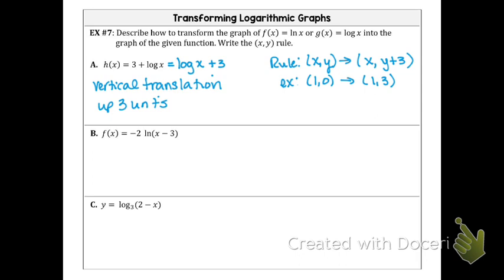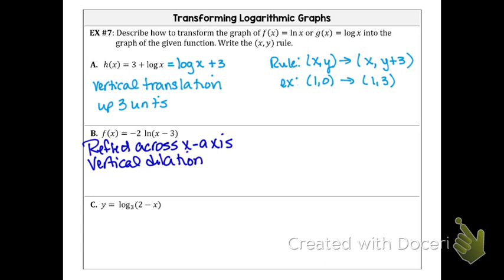All right, B. B says we have f of x is equal to negative 2 times the natural log of x minus 3. All right, so the negative is going to make us reflect across the x-axis. The 2 is going to be our vertical dilation by a factor of 2.